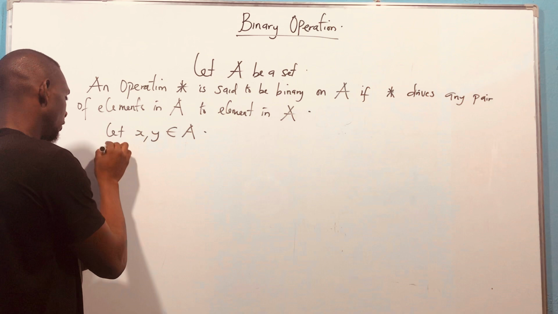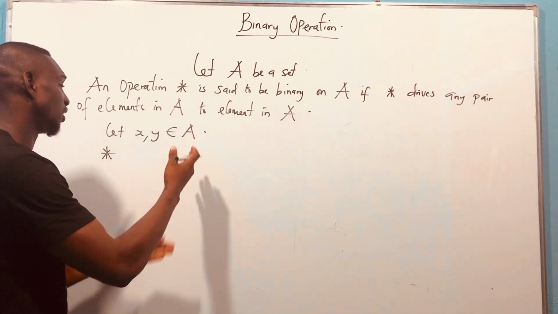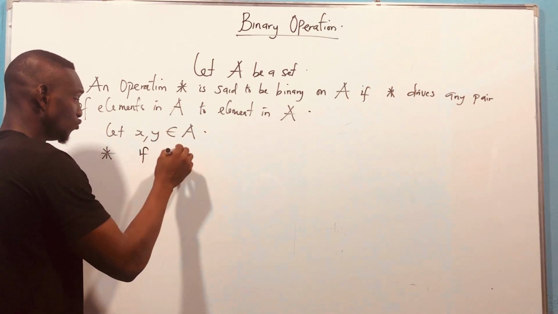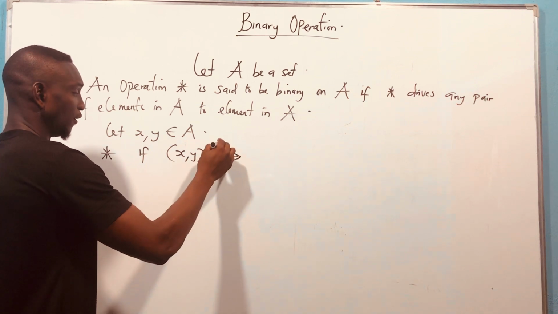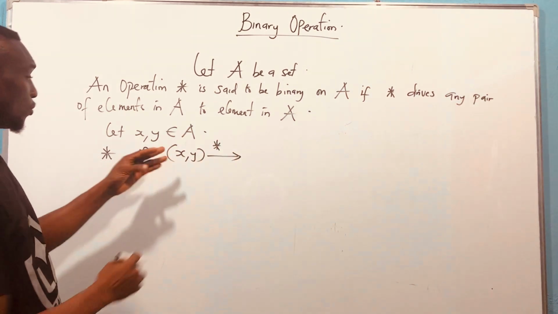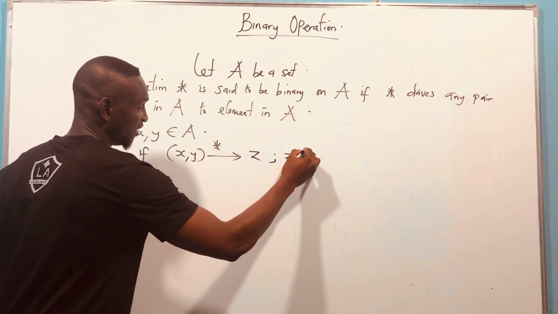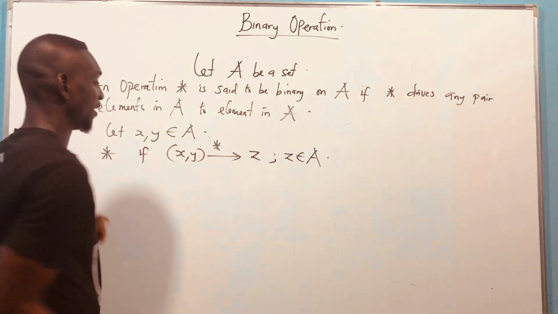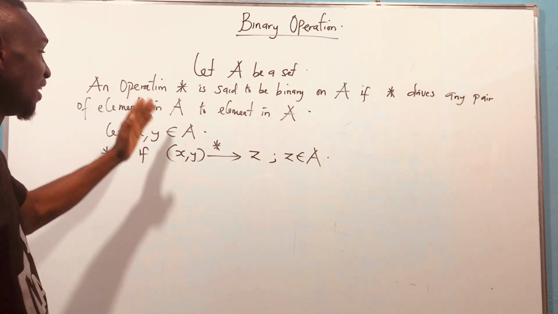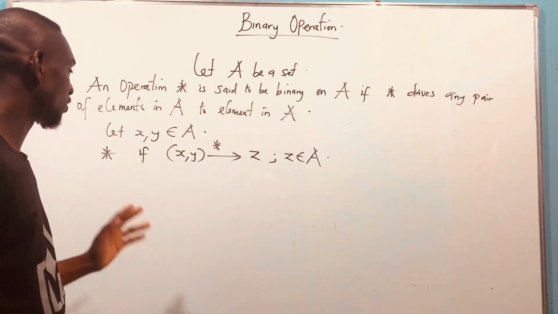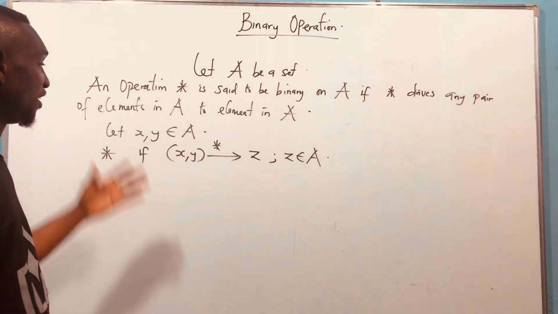Now, this operation is called a binary operation in A if it drives the pair of elements in A to an element z, such that z is an element of A. So if it drives every pair of elements in A to an element in A, then we say that this operation is called a binary operation in A.